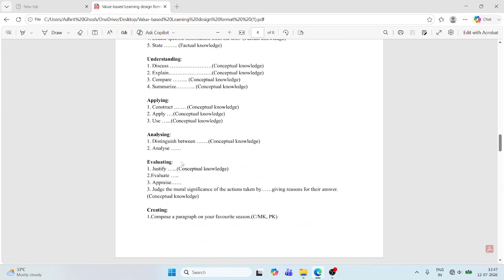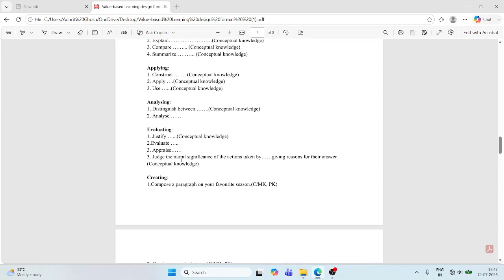Okay, in certain cases, for example, if you need to evaluate or justify the moral significance of certain actions taken in the lesson, which has a dual role, both value development as well as evaluating, you can incorporate that into the cognitive domain.